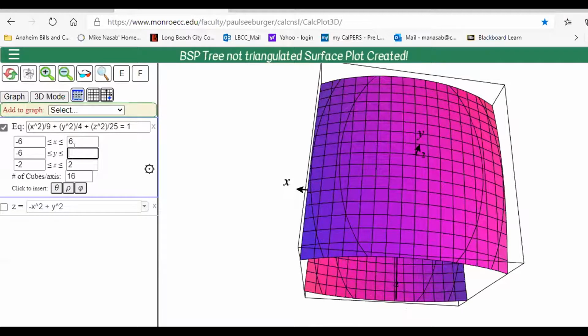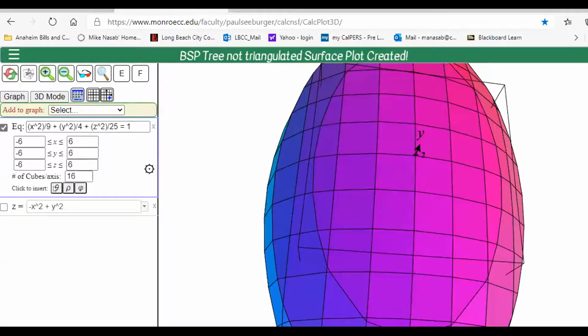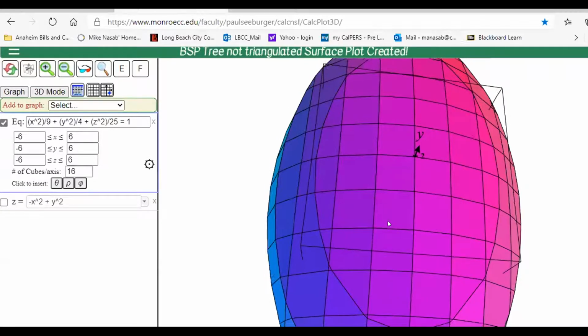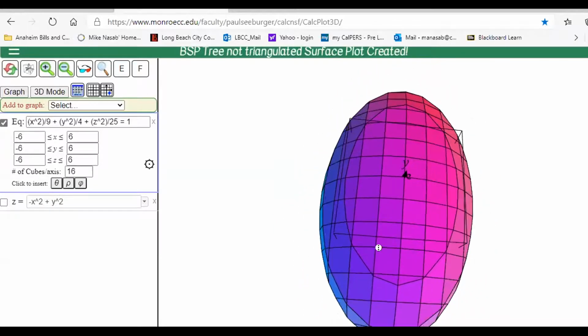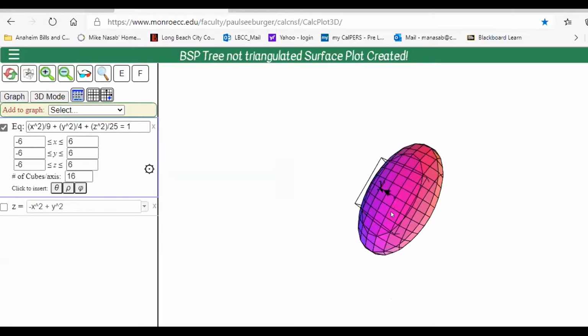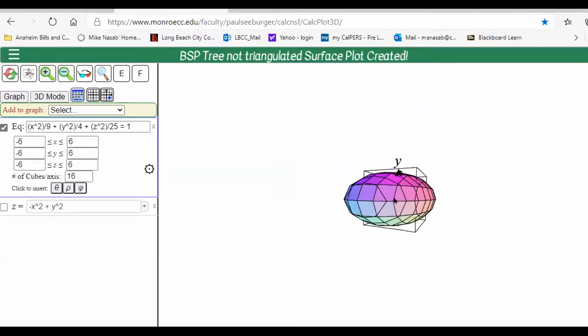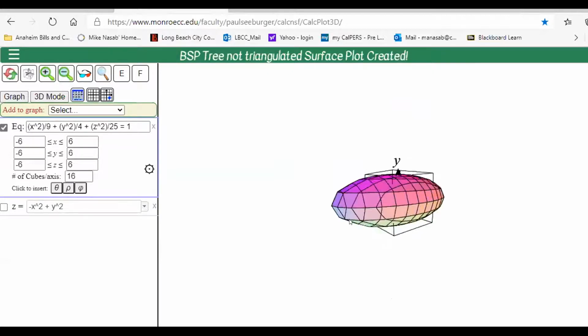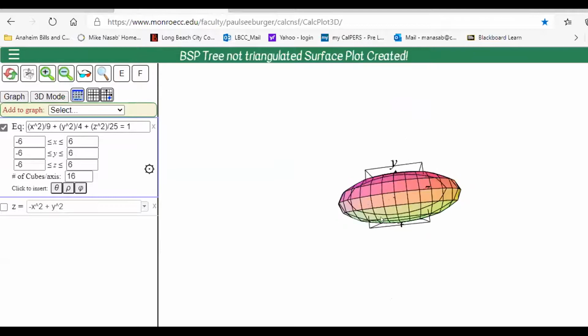So if I would change these to 6, just for fun, would that put any dent on my graph? Oh, there it is. Yeah, looks like an ellipse to me. I mean, ellipsoid. Do you see it? There. But it still is not smooth. I can't believe it. I just did this 30 minutes before the class. Everything looked fine, but now it looks like a robotic kind of computer.